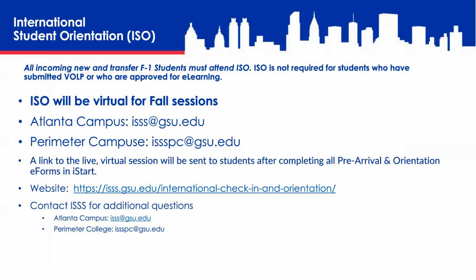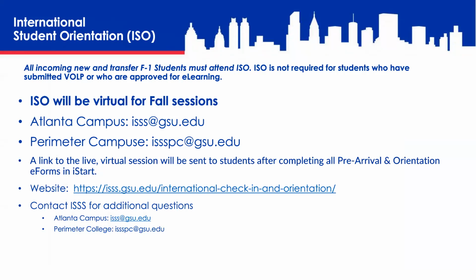I want to circle back to the ISO. A lot of students want to see the screen. Please make sure to contact ISSS if you have any questions about your immigration or international student orientation. That is not the academic advising session or the new student orientation.